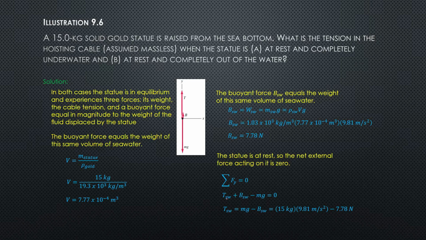Solving for the tension, it is the weight minus the buoyant force, where weight is mass multiplied by acceleration due to gravity, minus 7.78 newtons. That gives an answer: the tension of the hoisting cable when completely underwater is 37 newtons.